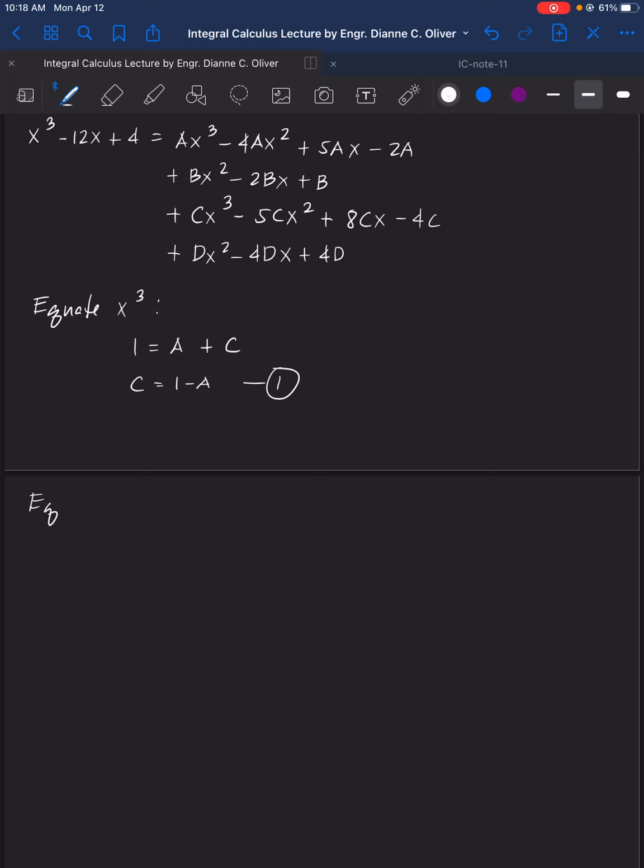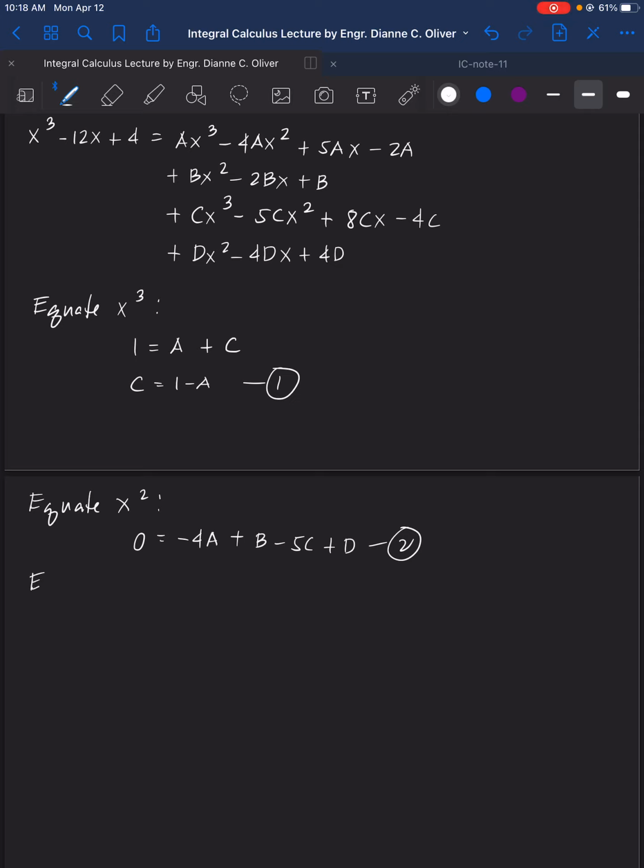Next, equate x squared. So we have here negative 4, positive 1, negative 5, and positive 1. 0 equals negative 4a plus b minus 5c plus d. This is equation number 2.